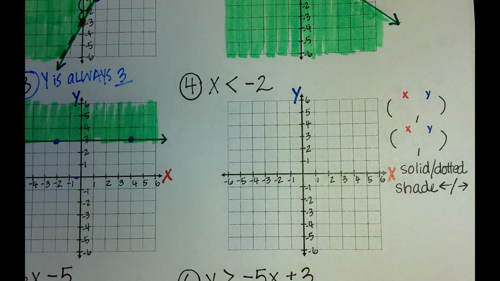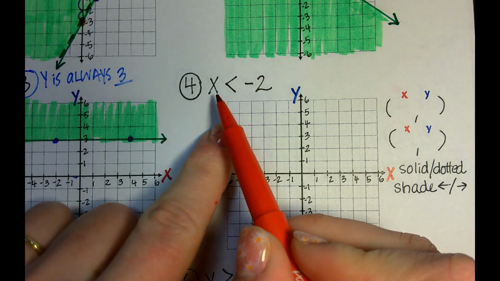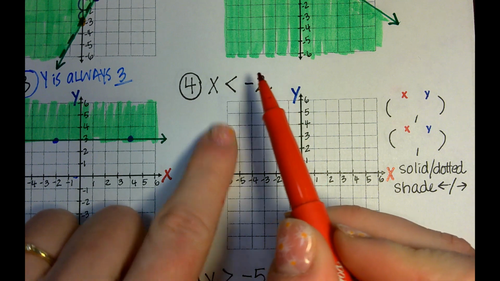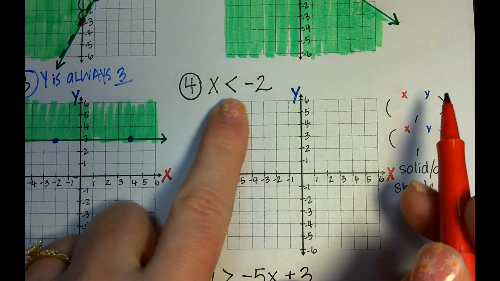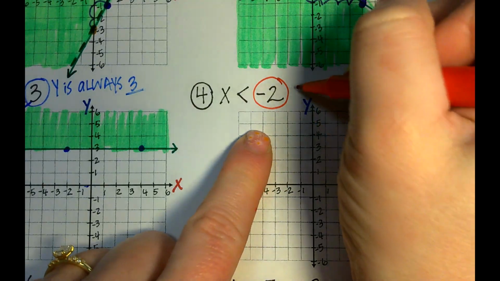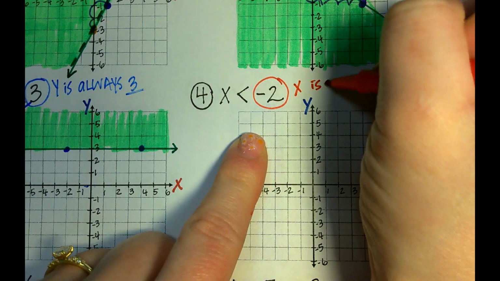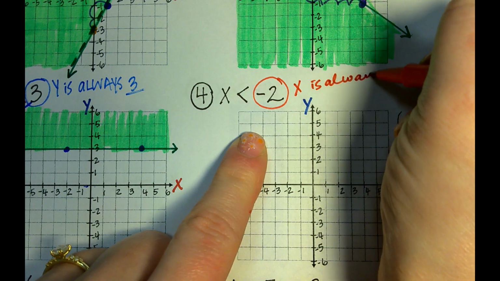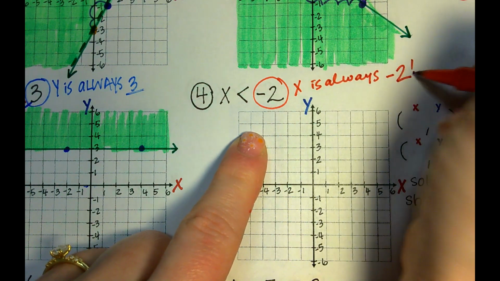Y can be any number, yes. And what is x always going to be? Negative 2. Yes, so if they ever give you a value for x, like in this case negative 2, that means your x value is always negative 2. So I'm going to write on this one, x is always negative 2.